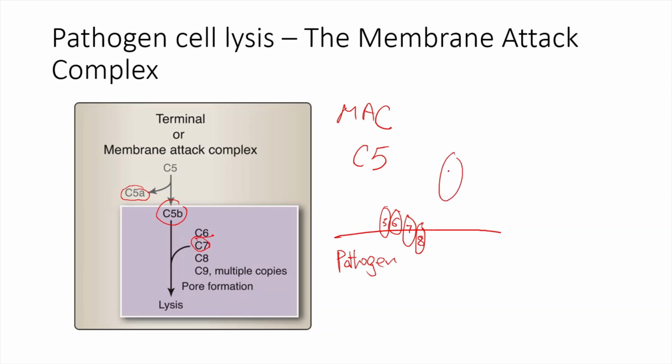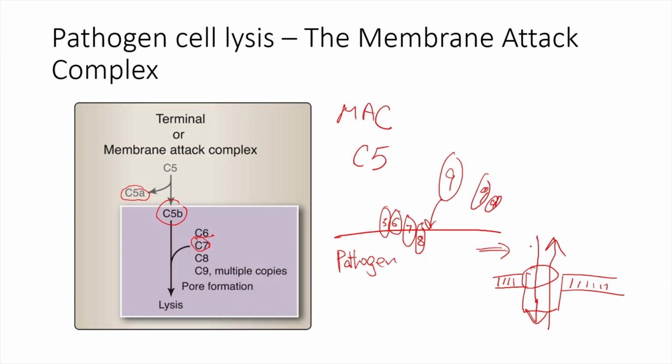Then C9 goes in, forming more and more of this C9 protein, and eventually you are forming a hole in the bilayer, where water goes in and out, and your pathogens will die.